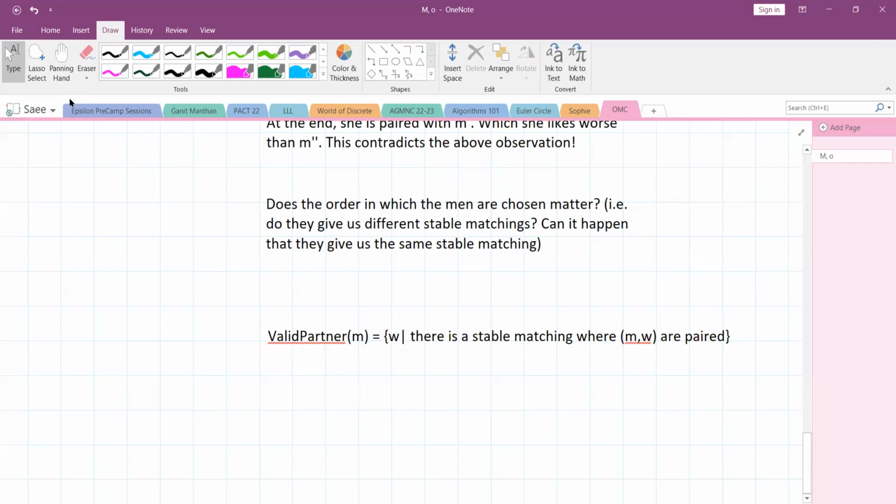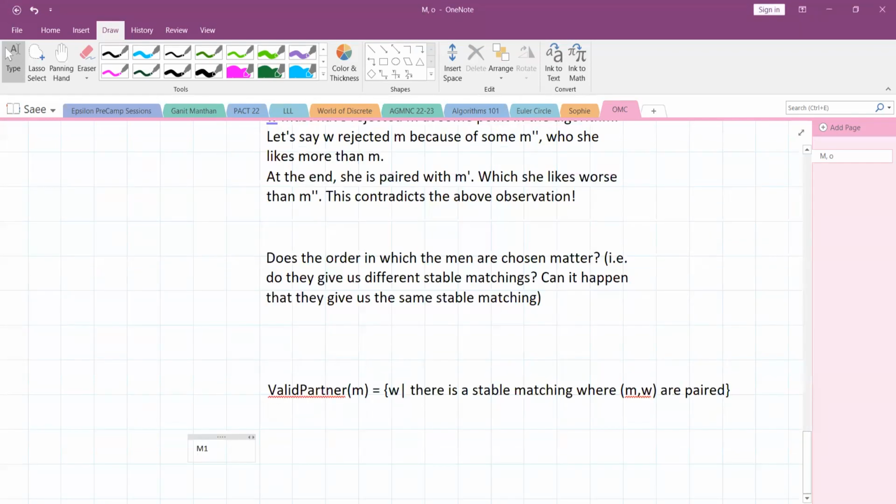Okay, is this definition clear? This is very important to what we're going to do after this. So, for example, let's say for a man M1, there could be a woman W1 so that there is absolutely no hope for M1 and W1 to be together.